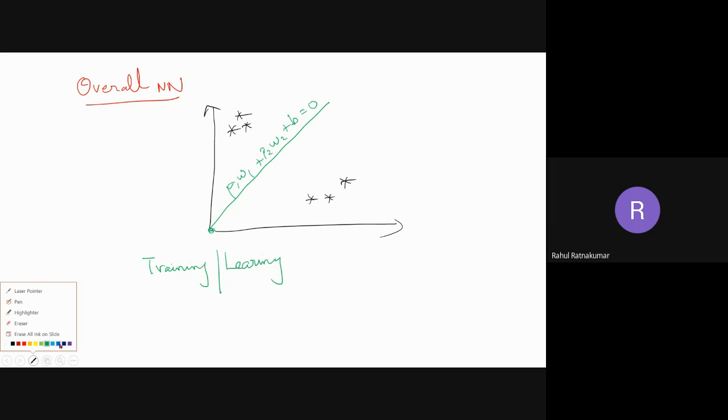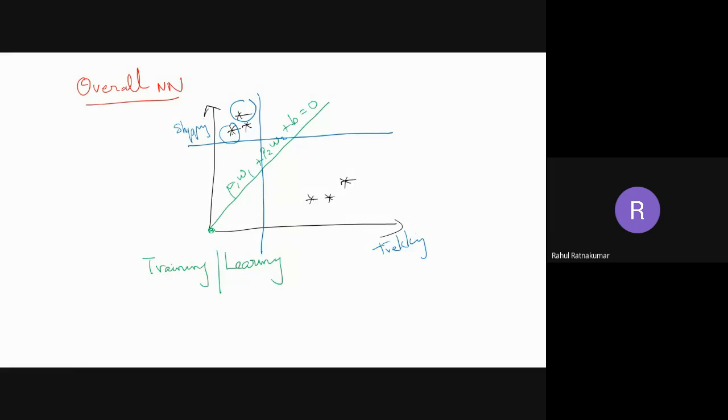Say in this characteristics where the people like shopping, this is a girl, and this is another girl, and they also have some liking for trekking, which is very less. So all these people who have less interest in trekking and maximum interest in shopping can be girl.